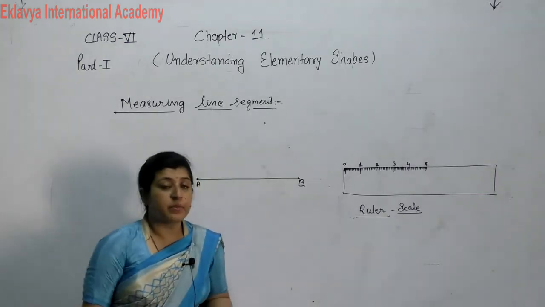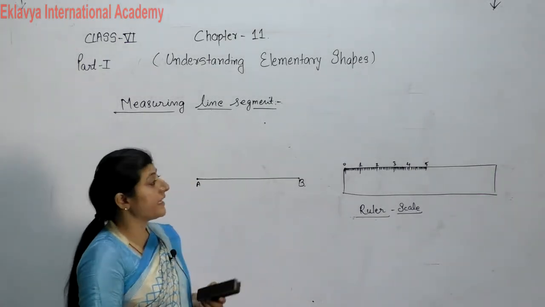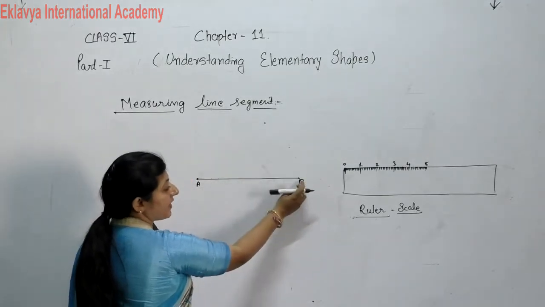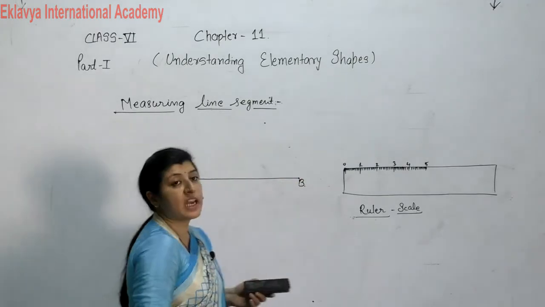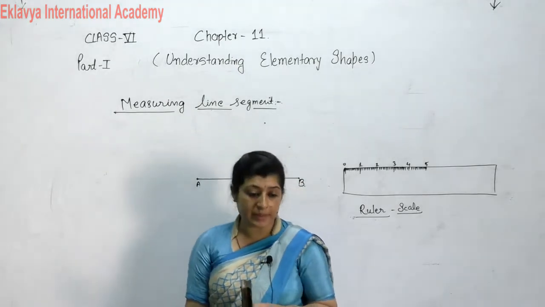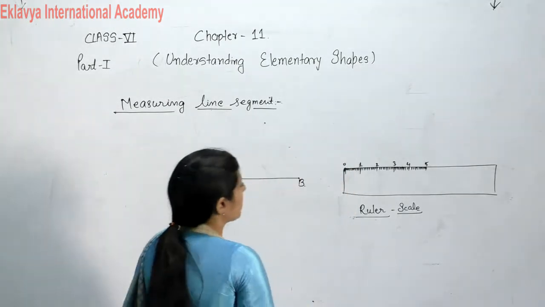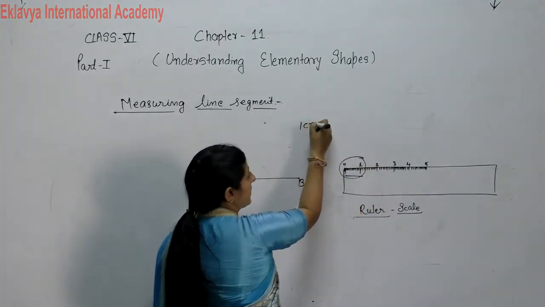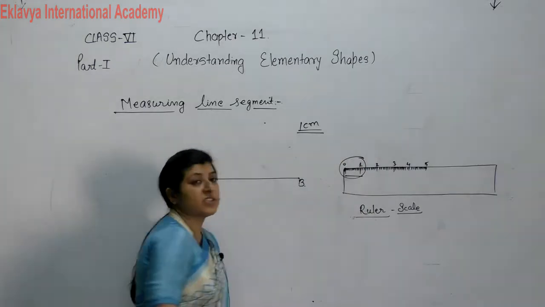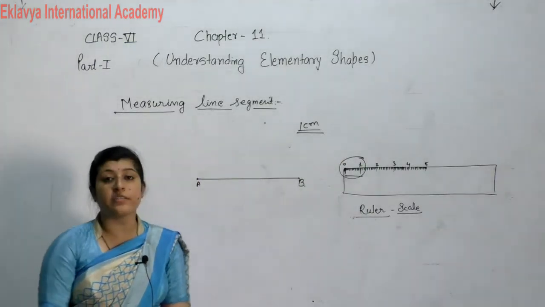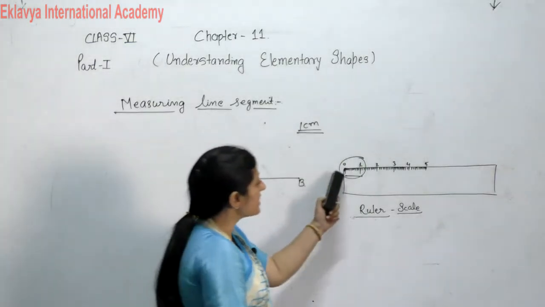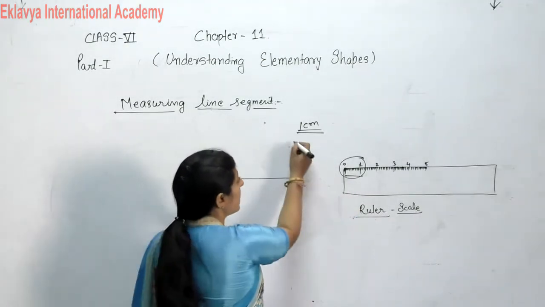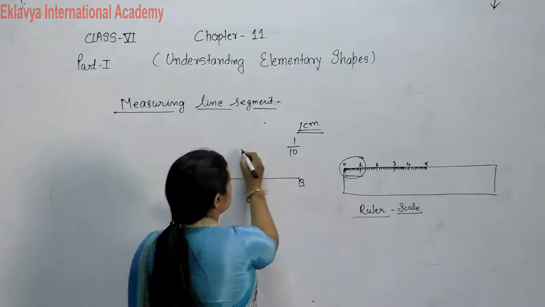From the scale we can measure the line segment length. We put this scale here, then we can see the length of this line segment. Now you can see that this is called 1 centimeter. On the scale, this 0 to 1 is called 1 centimeter. And this 1 centimeter is divided into 10 equal parts. It means 10 equal parts, each a small division.